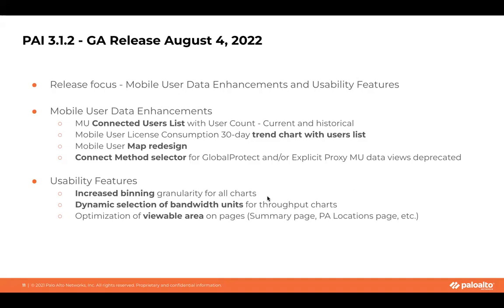What this did was that we then went ahead and deprecated the connect method selector that we had for most pages to view your data for either Global Protect or explicit proxy, because now all of these had their own landing page and we no longer needed that. This significantly improved the page load, as I just explained, and you should have experienced a much better user experience in consuming the data you were interested in.